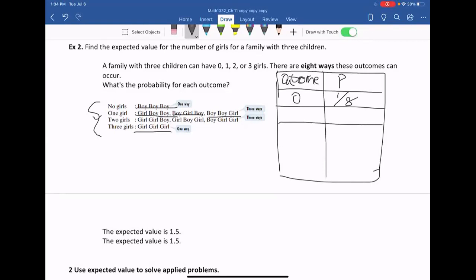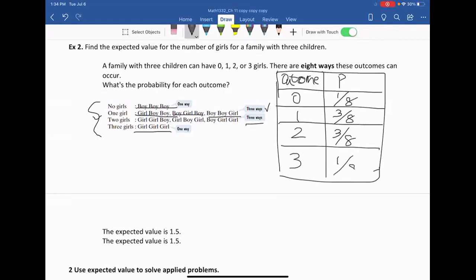If the family has one girl, the probability is 3/8 because we have three ways. If the family has two girls, that is 3/8 because three ways. And three girls, these three children are all girls.